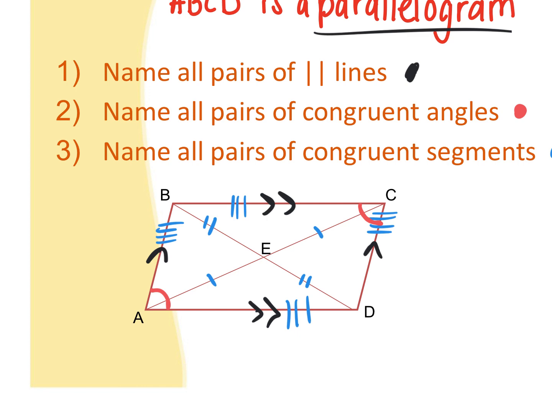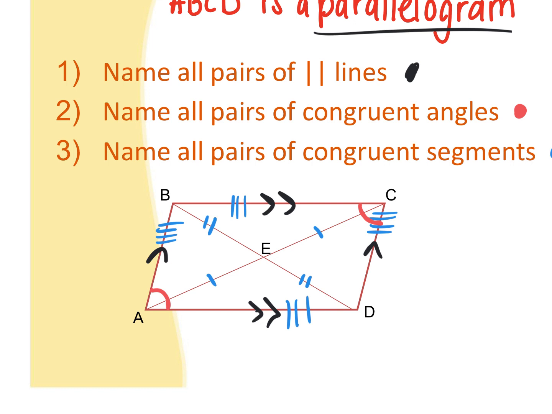Very good, Hayden. Anyone notice another pair of congruent angles? Go ahead, Sophia. DCE and BCE? No. DCE and BCE are not congruent. We don't know that the diagonals bisect the angles, okay?